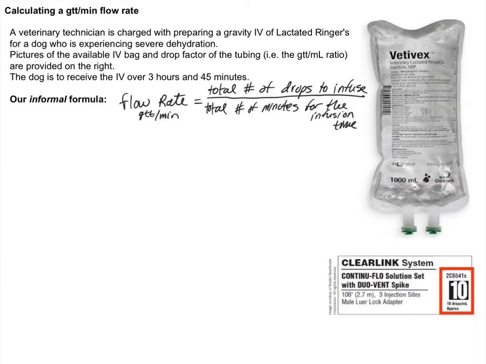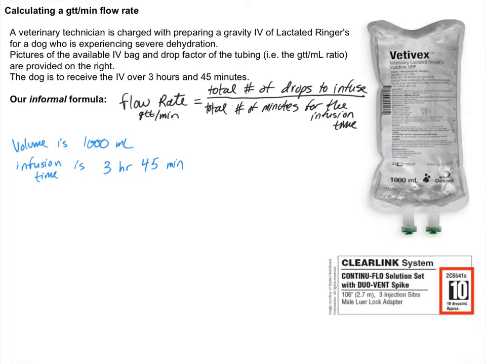So I'm going to start there. I know that the volume of the bag, the volume to be infused, is 1,000 mLs. And the infusion time is 3 hours and 45 minutes.